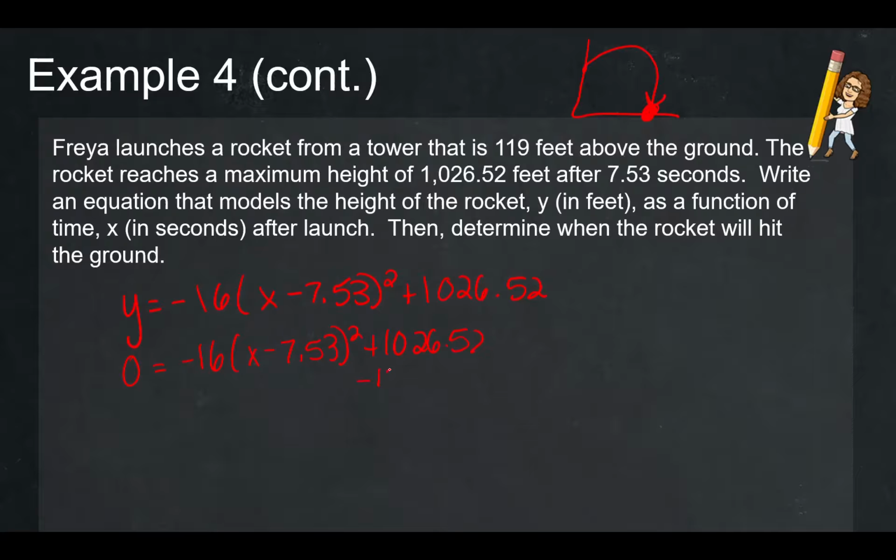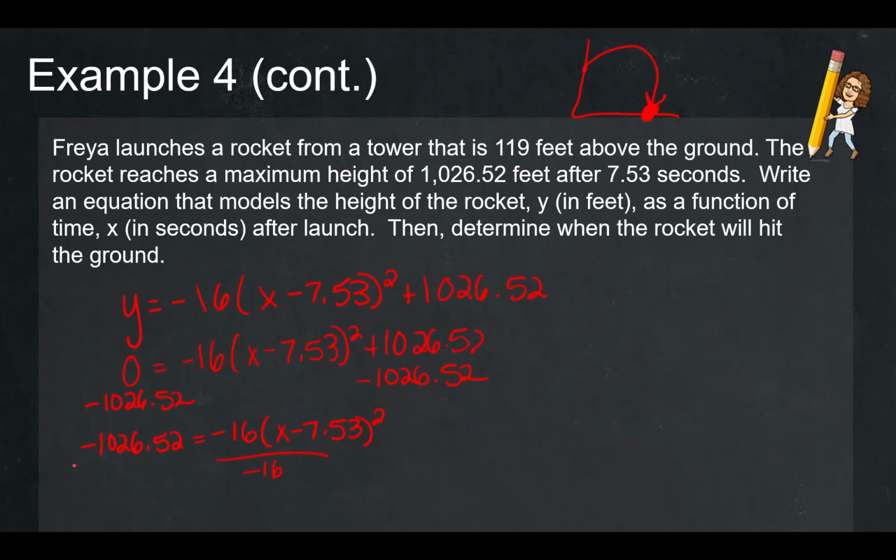So now I'm going to solve for x. I'm going to subtract that 1026.52. So I'm now at negative 1026.52 equals negative 16(x minus 7.53) squared. Now remember, you're not going to distribute that negative 16. You're going to divide by negative 16. And you're also not going to square that.